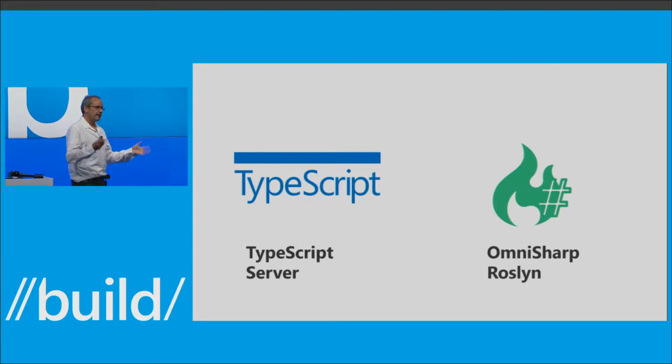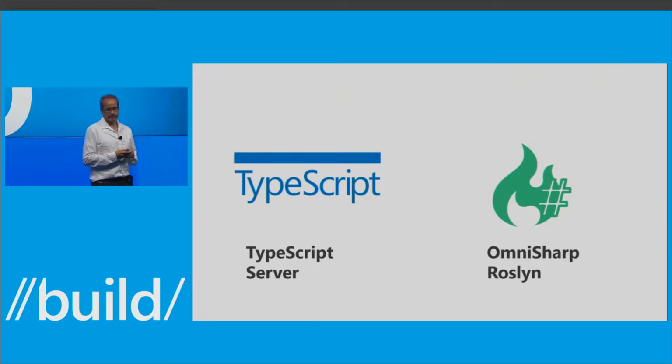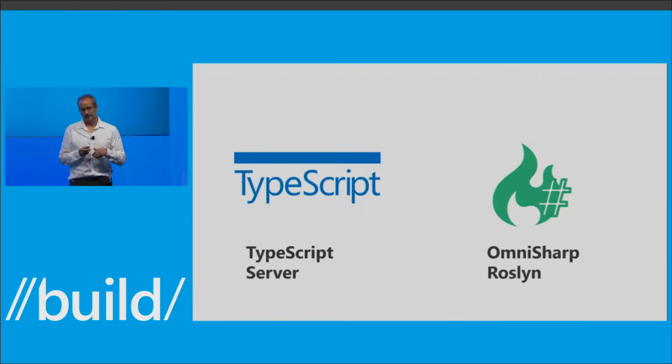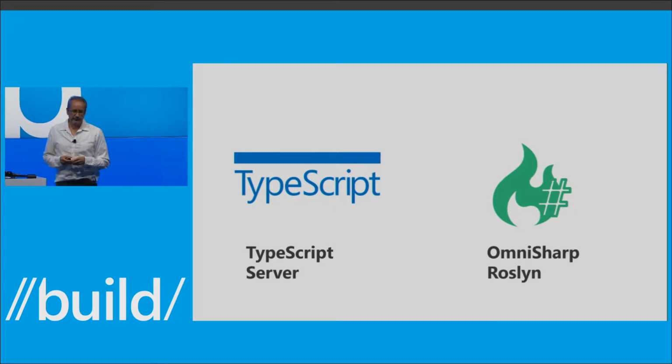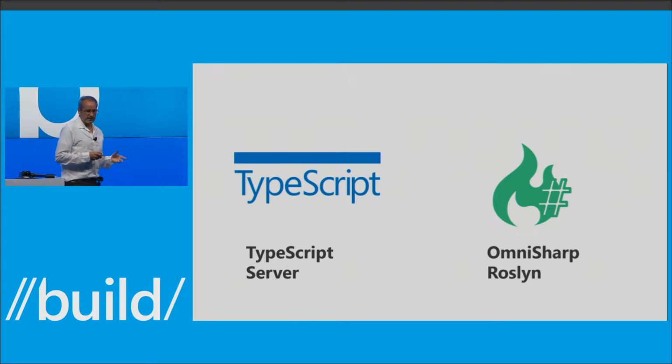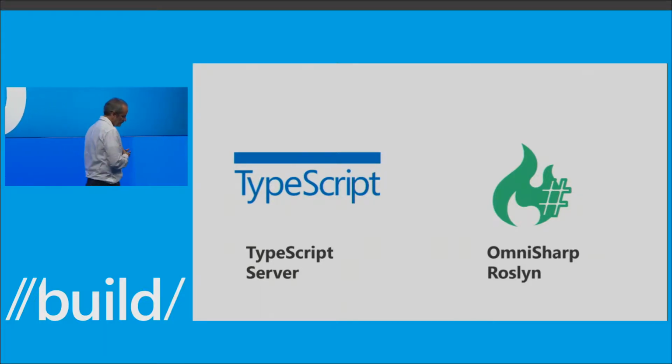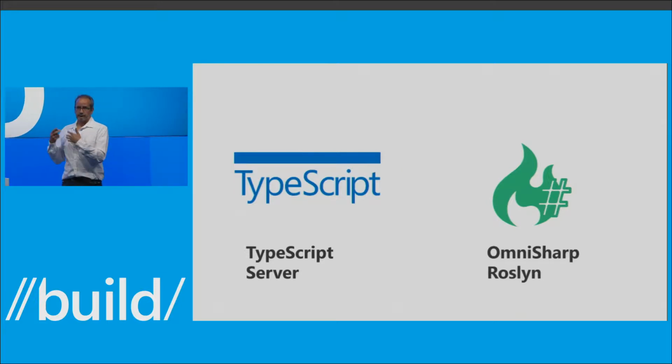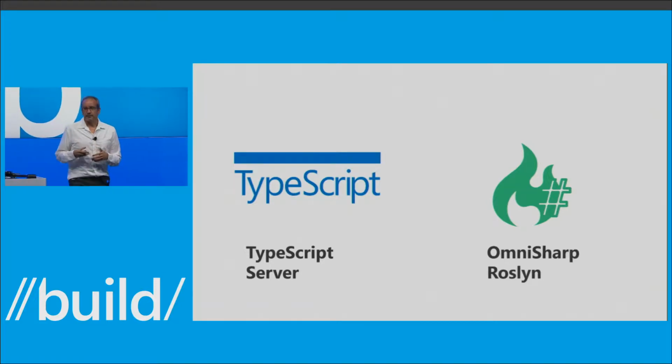So we leverage that to give the TypeScript support, the brain for TypeScript. So when you ask for IntelliSense in Code, it's the TypeScript server that will answer it. Similarly, when it comes to C#, we leverage the OmniSharp Roslyn implementation. OmniSharp has two versions, right? One was based on NRefactory, and the most recent one really leverages Roslyn. And we also leverage that.